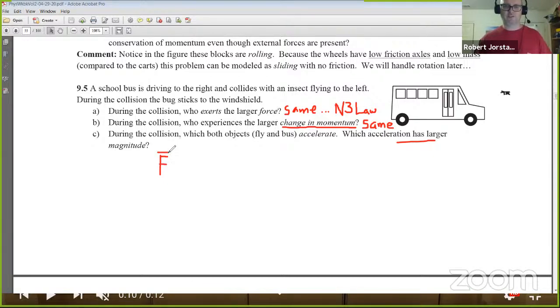We know that force on one equals negative force on two during that collision. Well, that says delta P over delta T should be the same.